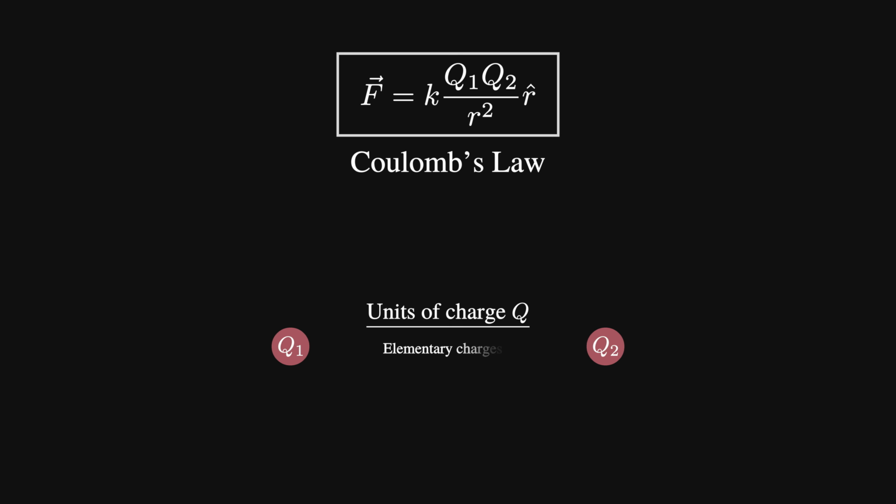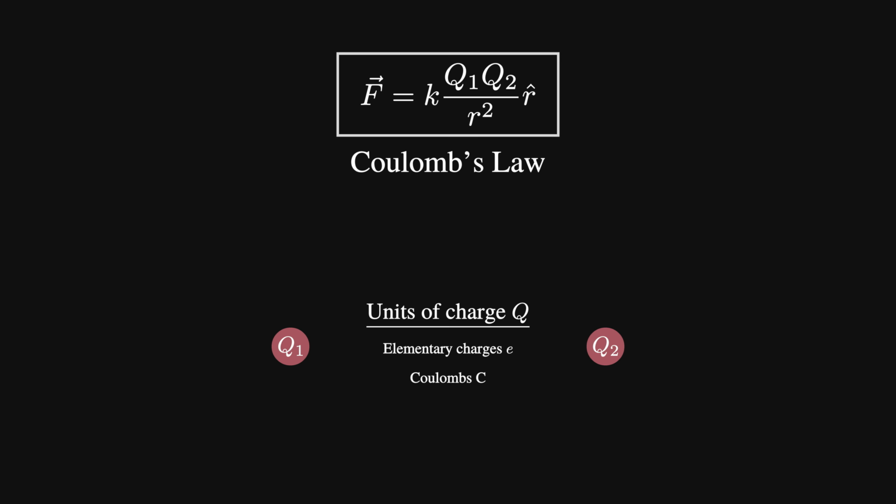First, let's talk about these charges Q1 and Q2. In the last lecture, we briefly touched on the elementary charge, e, which is the charge of a proton, and minus e, which is the charge of an electron. In objects on a human scale, which might contain, say, 10 to the power 23 electrons and protons, you might imagine that the elementary charge as a unit is not a suitable one.